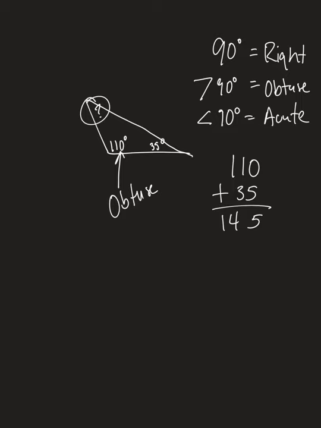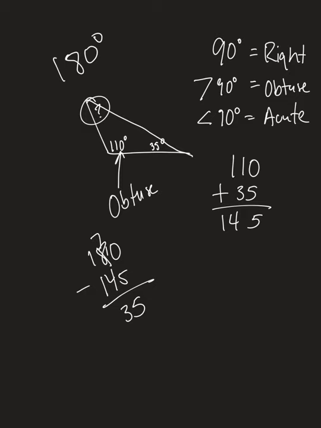Okay. Then we know that the total amount of angle in a triangle is 180 degrees. So then I'm going to go 180 minus 145. Okay, I'm going to subtract these, and I have 35. So this is 35. So once I find that, I know I got two things going on here.